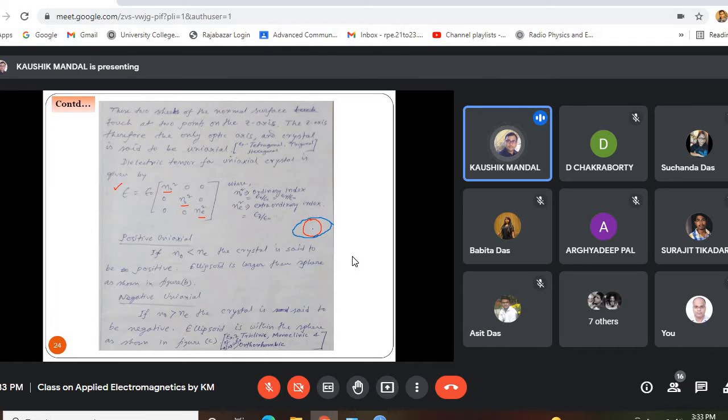Now this is the common center point of the two shells. These are the two crossover points. Now if you draw a line considering these three points, that will be the optical axis, and that will be the corresponding structure for a uniaxial crystal.